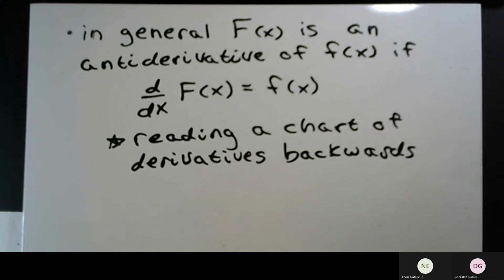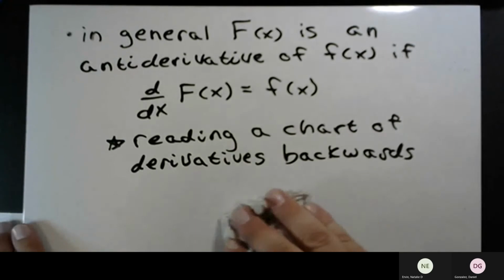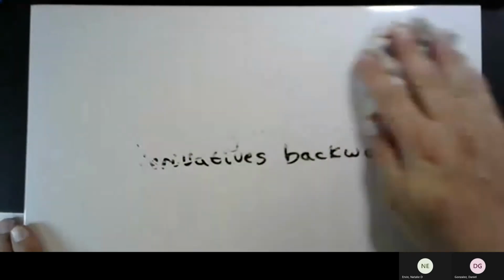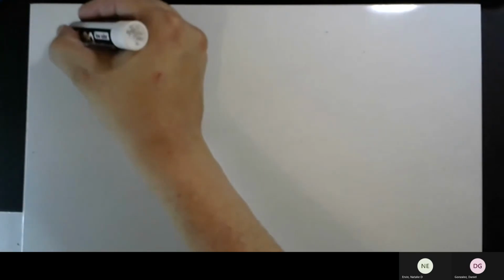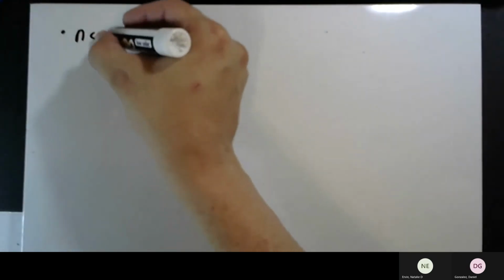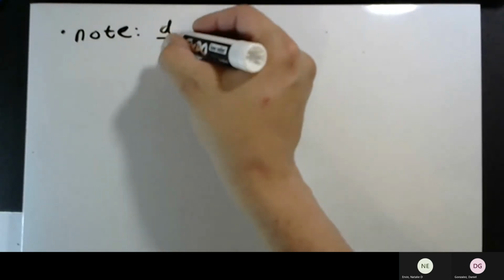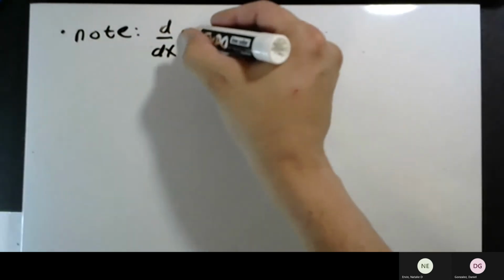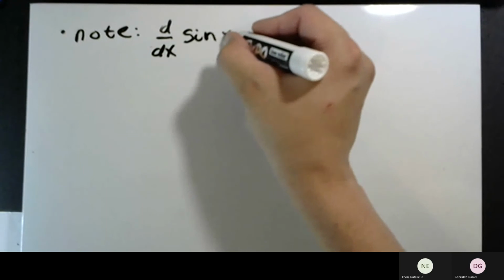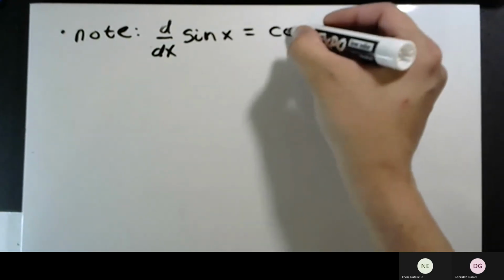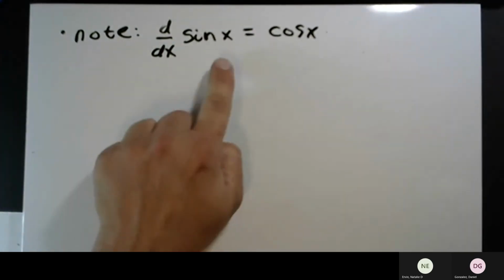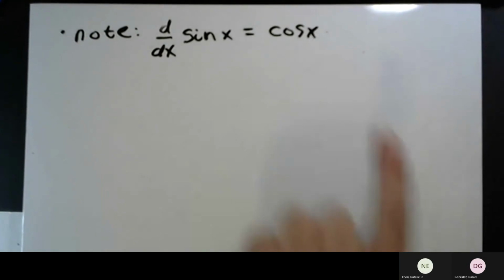Now, let me show you something else. I keep saying an antiderivative instead of the antiderivative. Let's see why that is. It suggests that there might be many antiderivatives for some function. We've seen that the derivative of sine is cosine, so sine of x is an antiderivative of cosine.